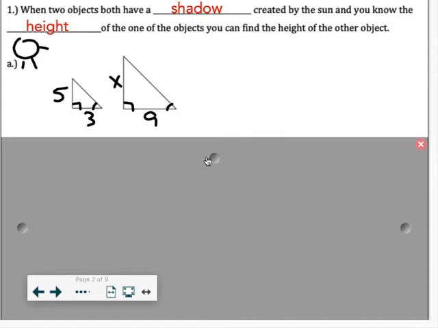So if I have two objects here, let's say that as a person, I'm standing here 5 foot tall, I have a 3 foot long shadow. A tree here, I do not know how tall this tree is, and it has a 9 foot long shadow.